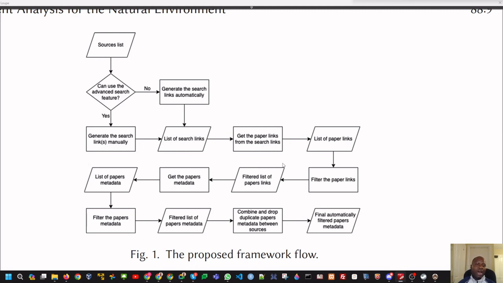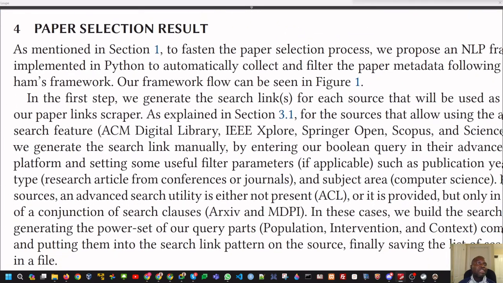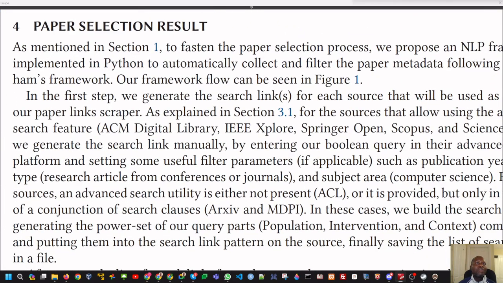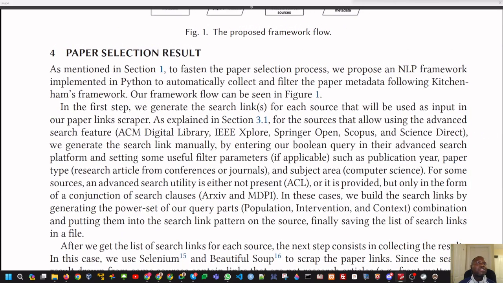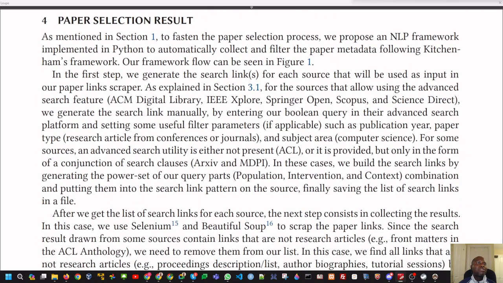So now, after that, I think they are almost done in terms of telling us what they want, and they now do the literature review, which is the paper selection result. Here they are showing, okay, once we apply this process, what will be the result of their paper selection, and that is what they are covering here.